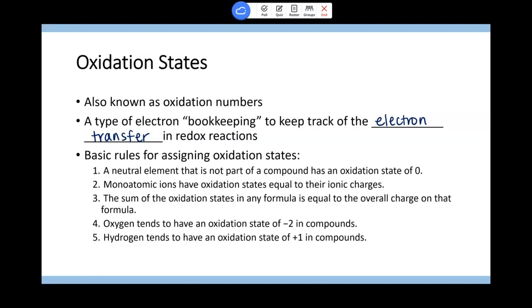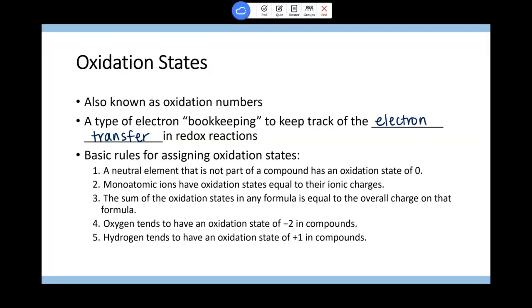Redox reactions is just another way to say oxidation reduction reaction. RED is short for reduction, OX is short for oxidation. So a redox reaction is an oxidation reduction reaction. So we calculate or determine oxidation states for individual elements on their own, or when within a compound, it's an oxidation state for one element.